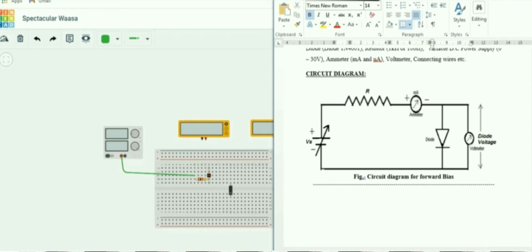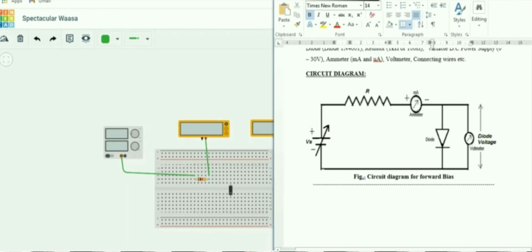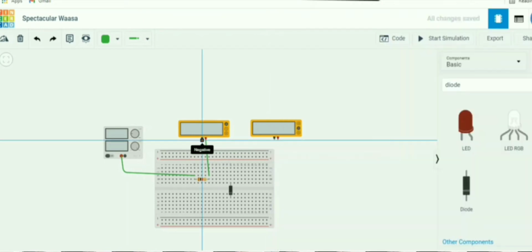See in the diagram. Similarly, we can connect it in Tinkercad. The negative of the ammeter is connected to the anode terminal as well as the positive of the voltmeter. Therefore, connect it as per the diagram.